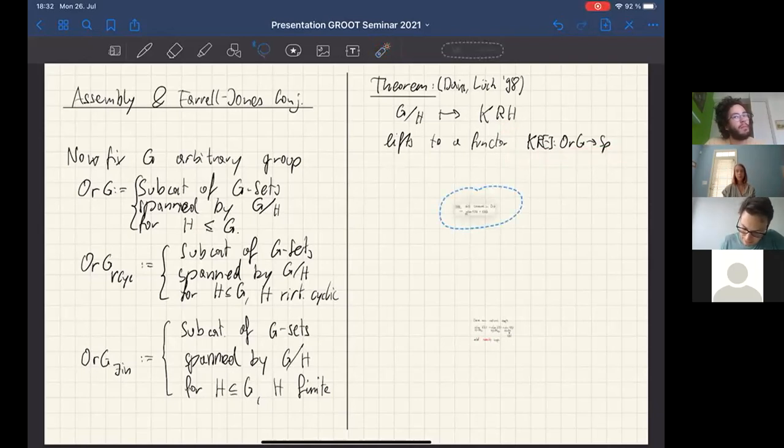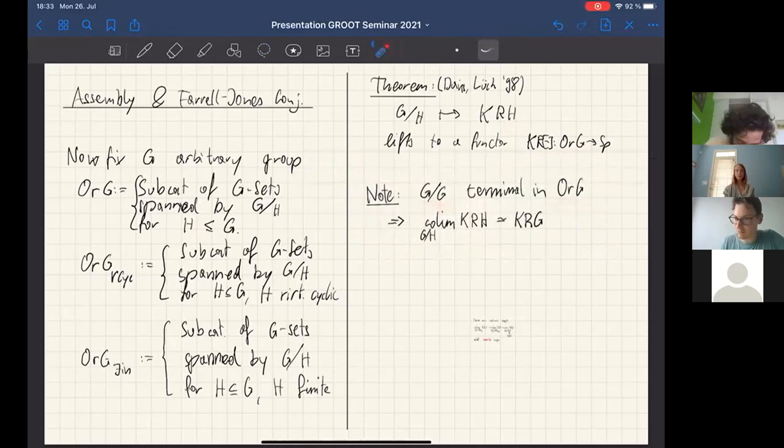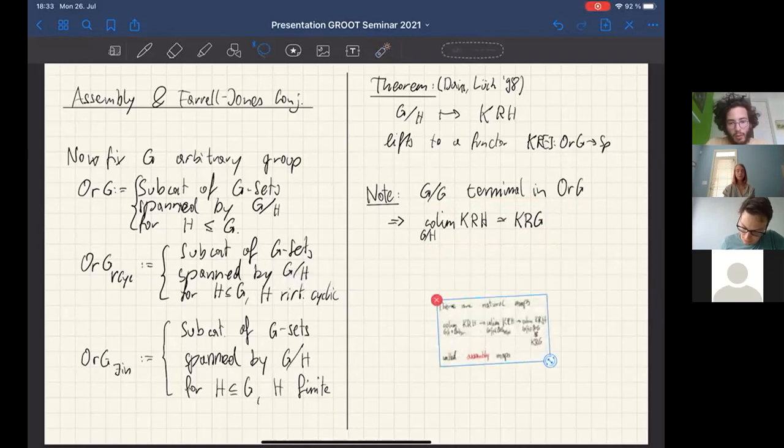As a note, in the orbit category, G mod G is just a point. So this is a terminal object. So if you compute the colimit over this functor, then you get the total group ring back. And assembly is basically saying, well, you don't need to have the entire colimit.